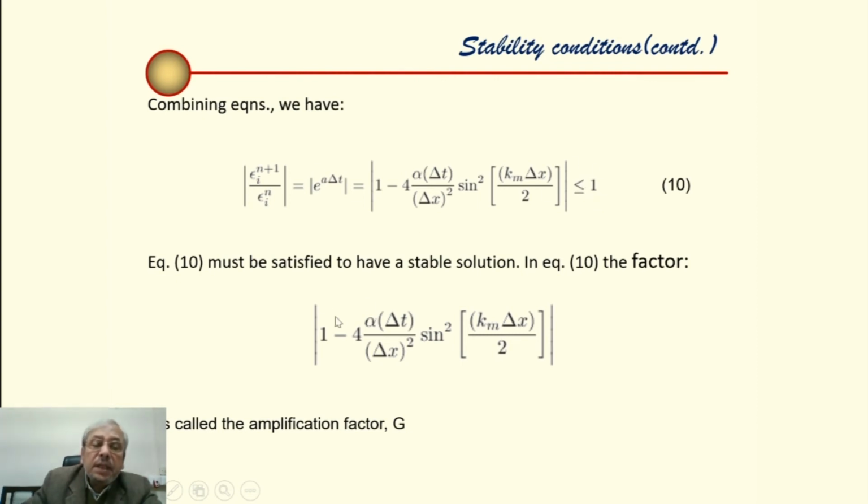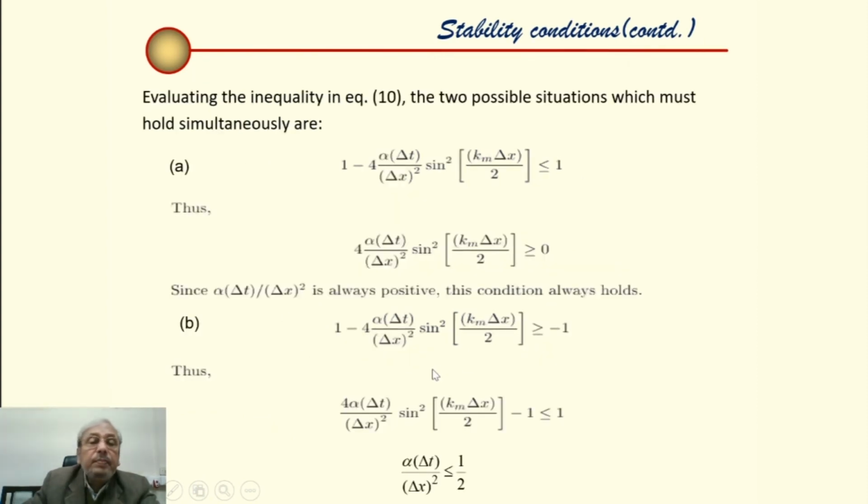So that means the modulus of 1 minus 4 alpha delta t by delta x square sine square km delta x by 2 has to reduce, and the modulus of this is called the amplification factor G. So G has to be less than equal to 1.